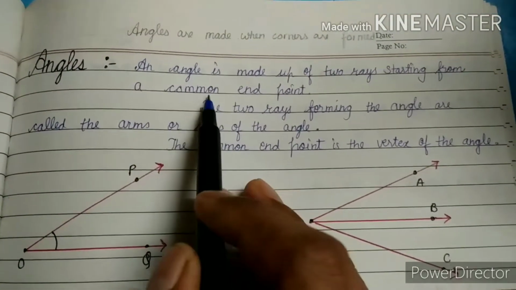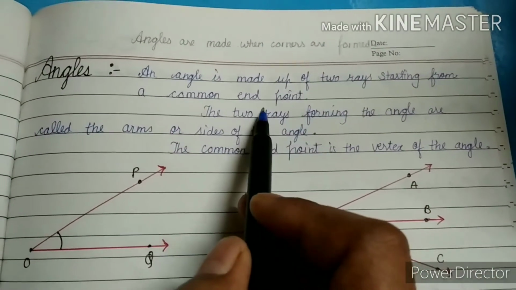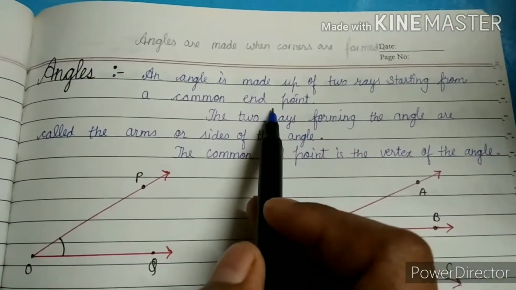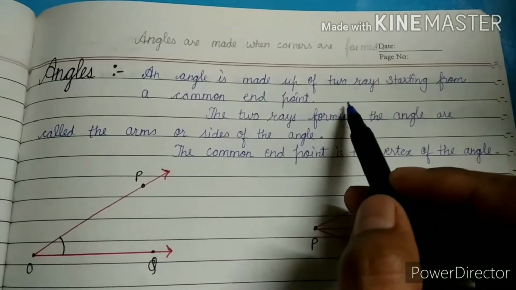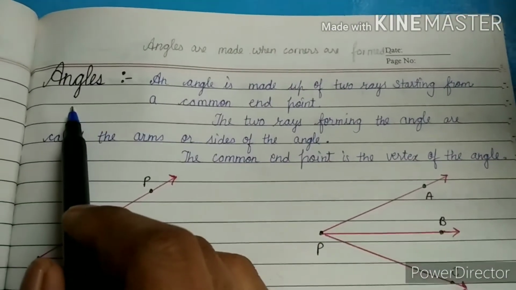An angle is made up of two rays starting from a common end point. It means whenever two rays start from the same point, they will make an angle.